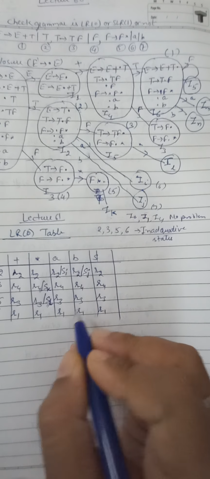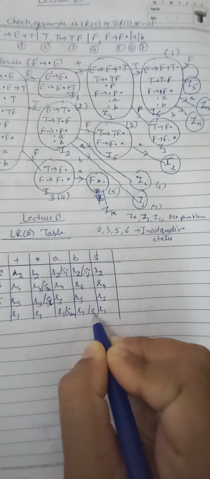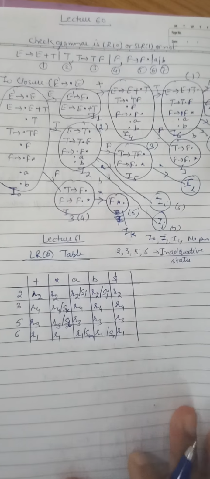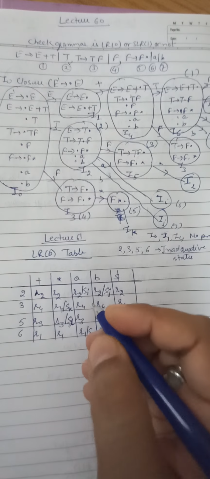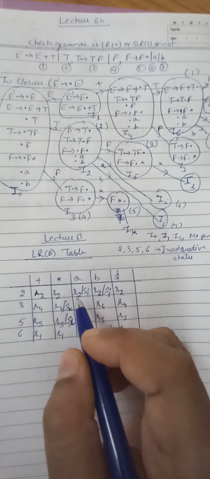So we write SM, SN. We can see clearly from the table that we have multiple entries, and a shift-reduce problem is there.